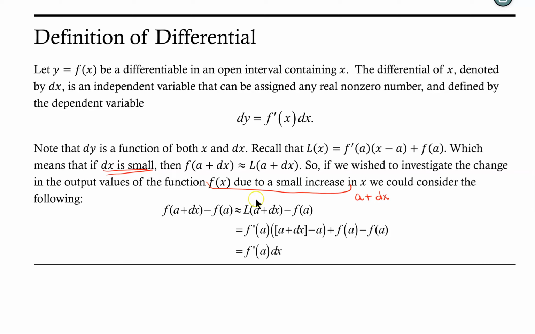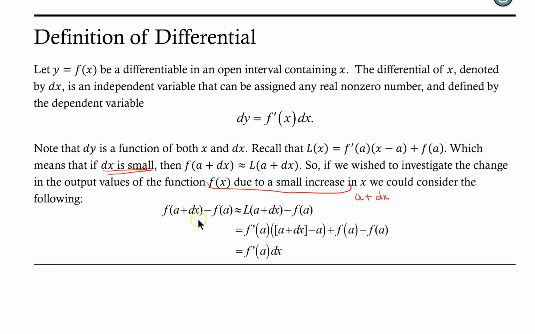So we would have f of a plus dx, a plus some small increment of x, minus f of a. So looking at the difference between the function values at a plus a small value and at a.